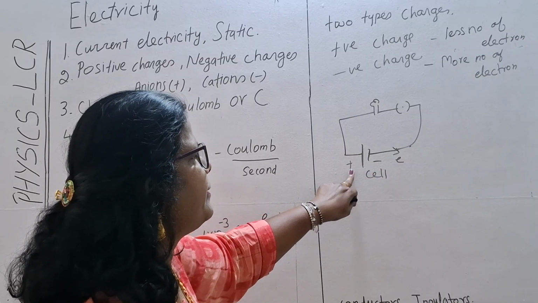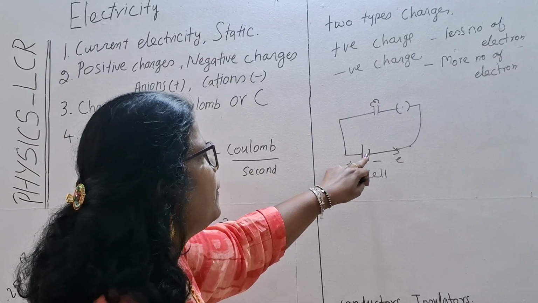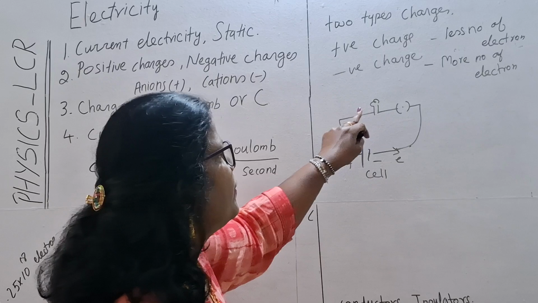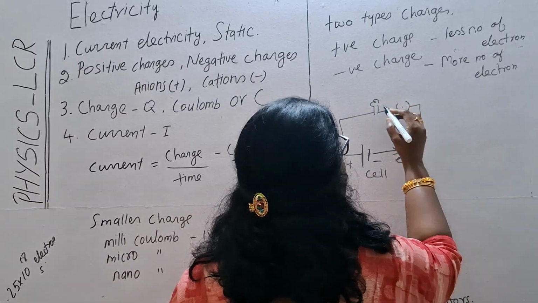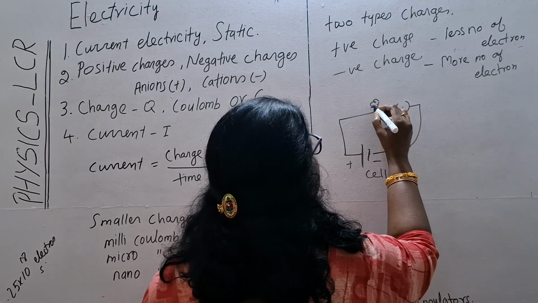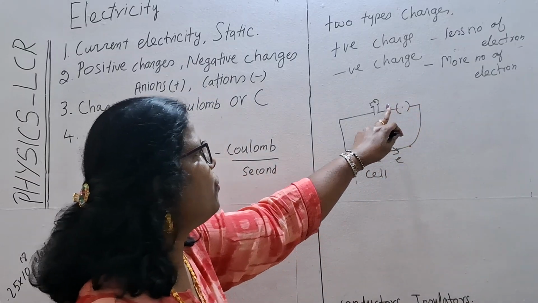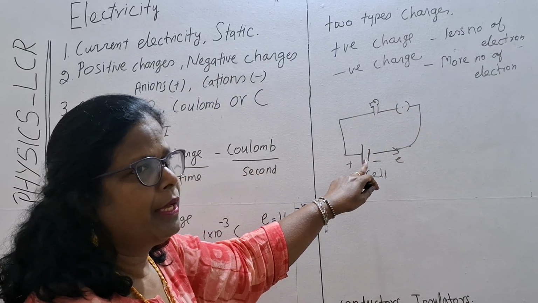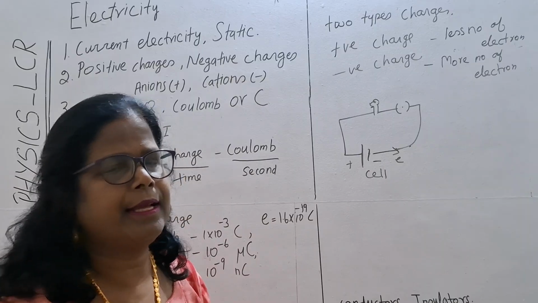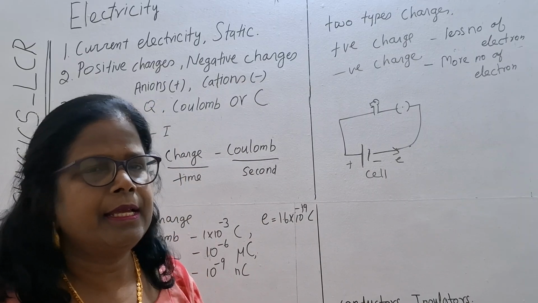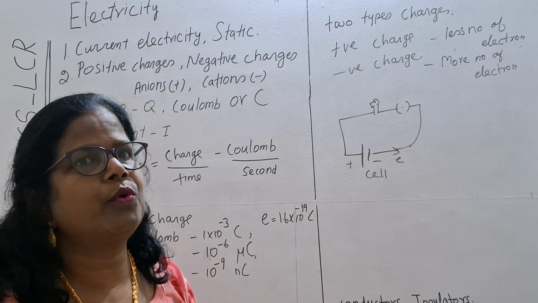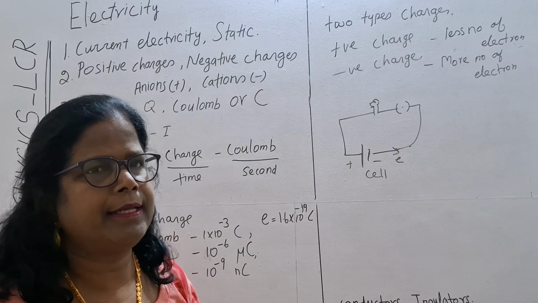The longer line is positive, the smaller is negative. The electrons always flow from the negative terminal, through this metal. The bulb also has a tungsten metal. The electrons flow and again reach the cell. Current is charges flowing from one terminal to another terminal.